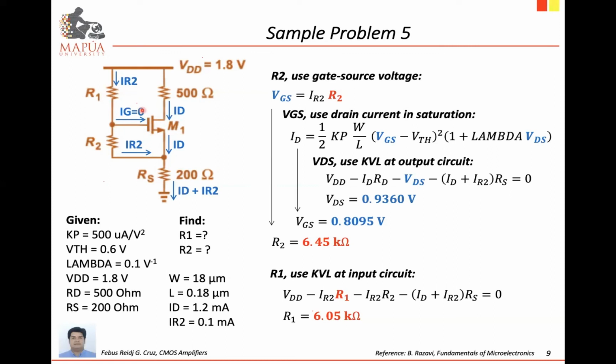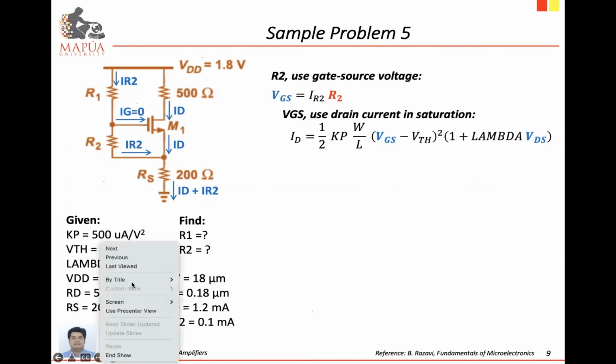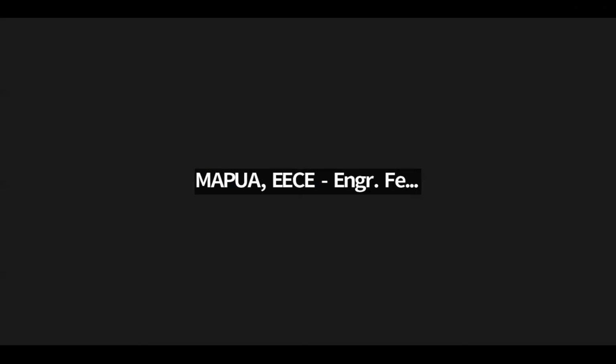0.6 po ulit. Given na yan, given. Yung na-explain niyo po kanina sir, yung nag-equal po siya. In case we have the VSB, okay, naka-share screen pa ako.